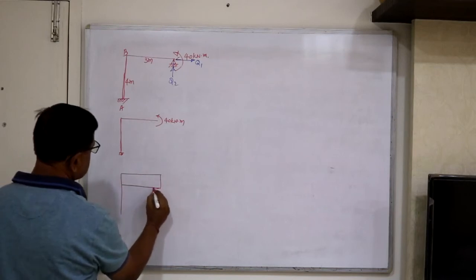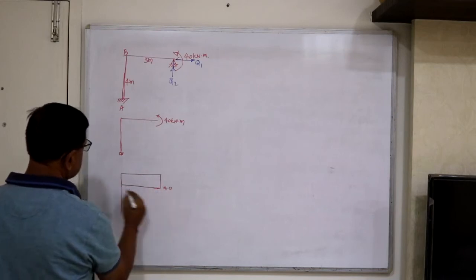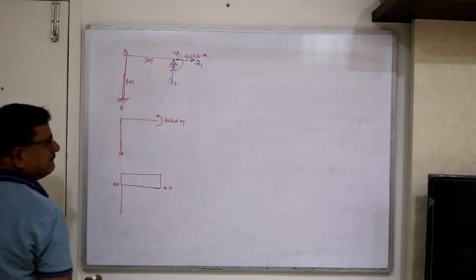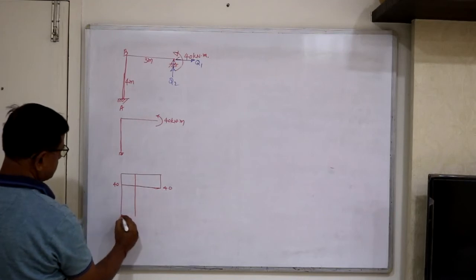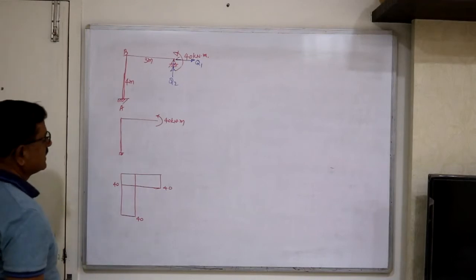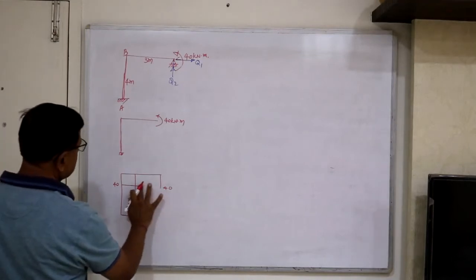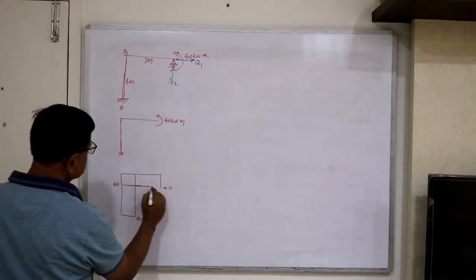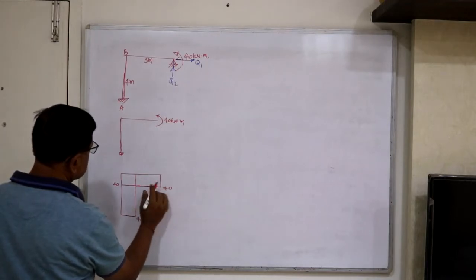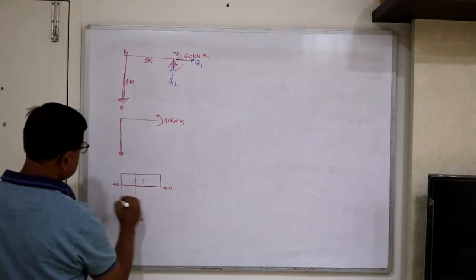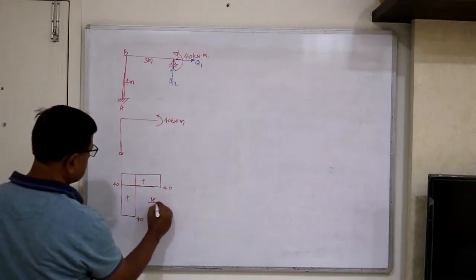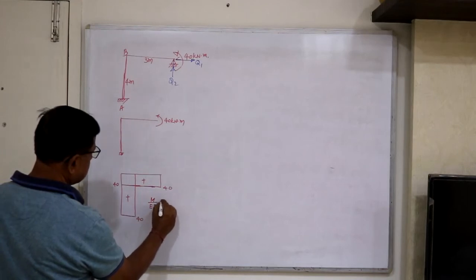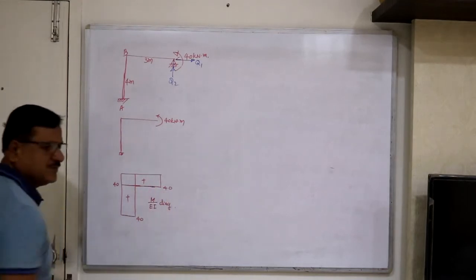So on the tension side, this is 40, this is also 40, and this is constant for this also. So this is 40. Inside we take positive, so this diagram is positive. This diagram is called the M upon EI diagram.